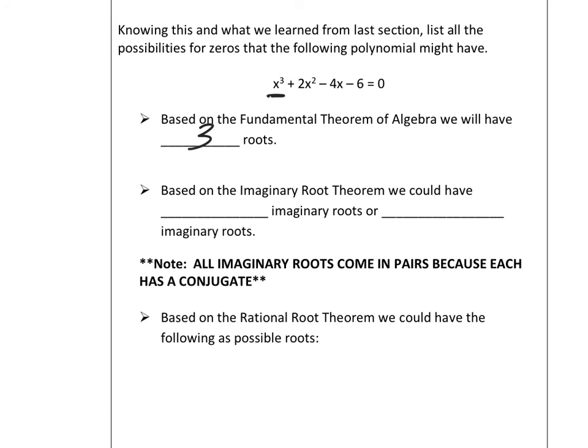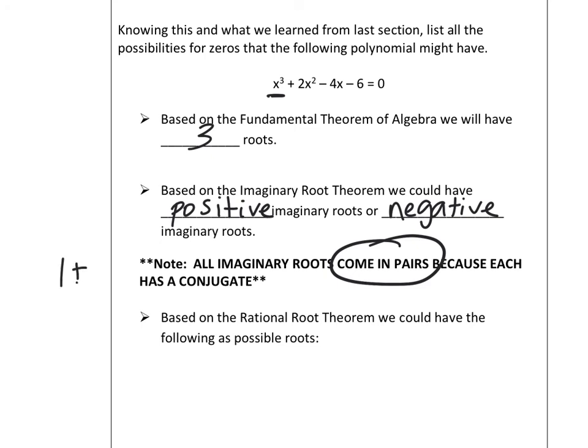Based on the imaginary root theorem, we are going to have both positive and negative imaginary roots. These come in pairs. That's why this is important, okay? Because every single time we do that quadratic formula, we end up with, for instance, on that last one, 1 plus or minus I square root of 2 over 3.